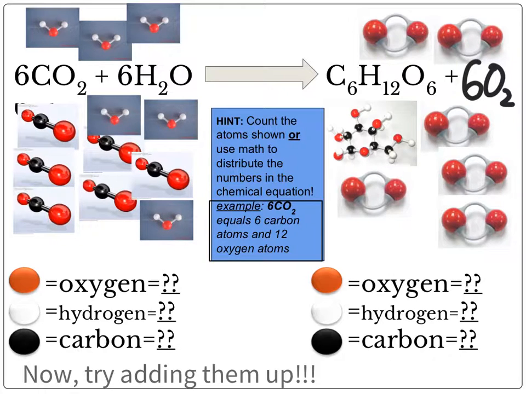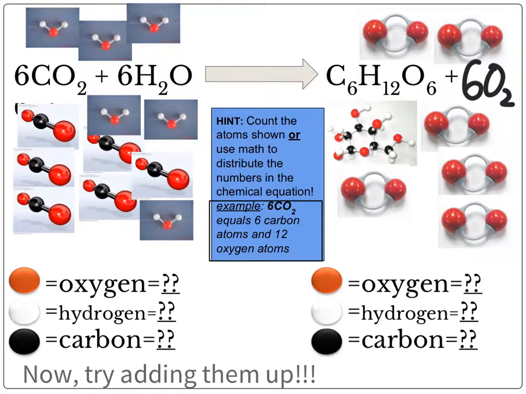And when those 6 carbon dioxide and 6 water molecules combine, they will make the sugar and the oxygen. And all the atoms should be accounted for. But let's just show you how this is done before you try it yourselves.